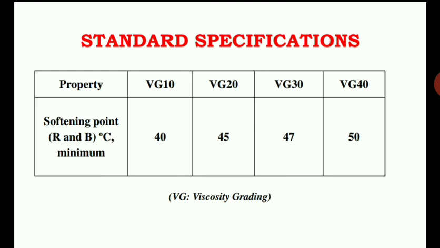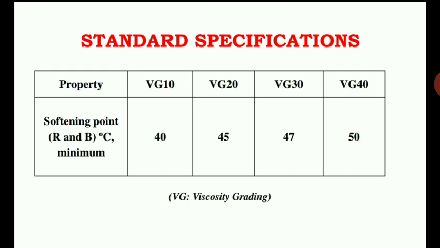For a material whose softening point is above 80 degrees Celsius, glycerin is used as the heating medium, and the starting temperature will be 35 degrees Celsius instead of 5 degrees Celsius. We need to note that down.